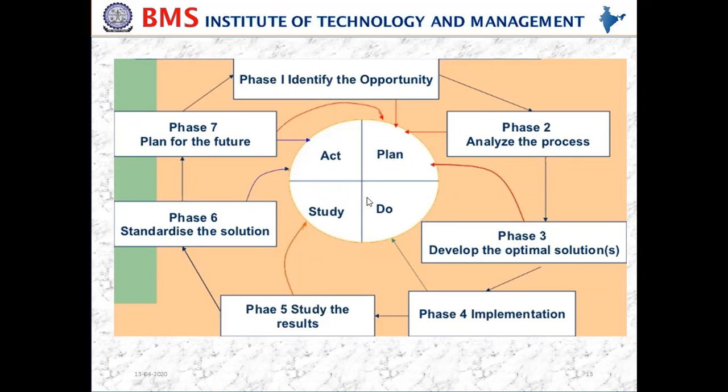Phase 5 is study the results: what you have implemented gives you results, and those results have to be studied. So phase 5 is connected to the study phase, phase 4 to the do phase, and phases 1, 2, 3 to the plan phase.